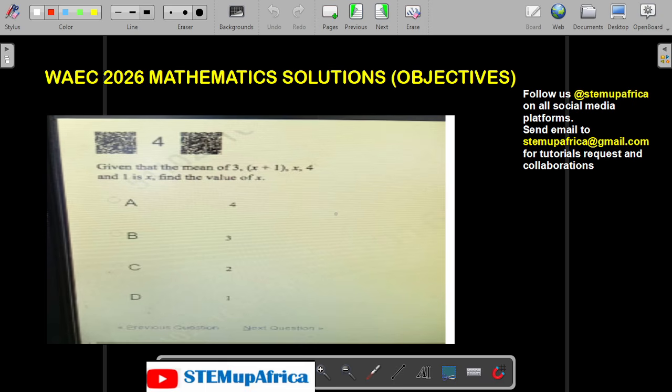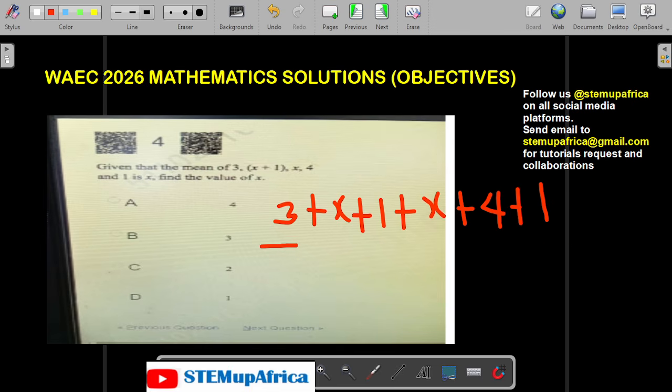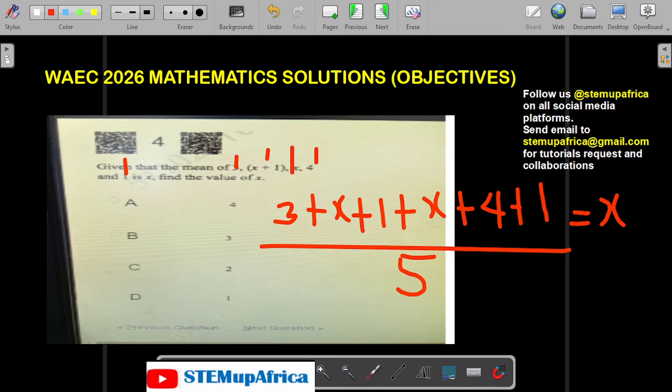If the mean of these numbers is x, you find the value of x. So it's a matter of adding and dividing by the total number. I'm having 3 plus x plus 1 plus x plus 4 plus 1 over the total, 1, 2, 3, 4, 5, over 5 equals x. The mean is x.